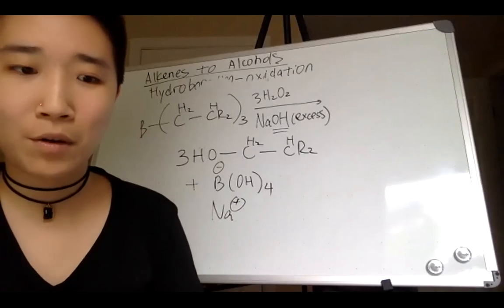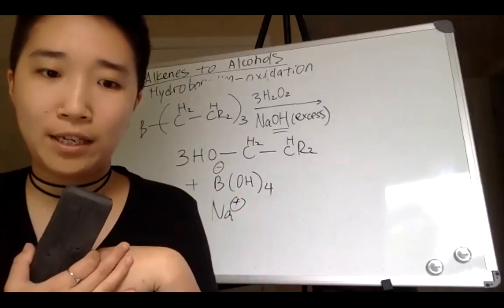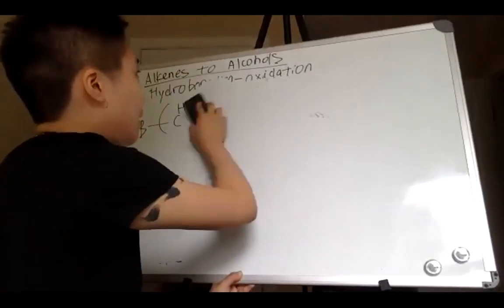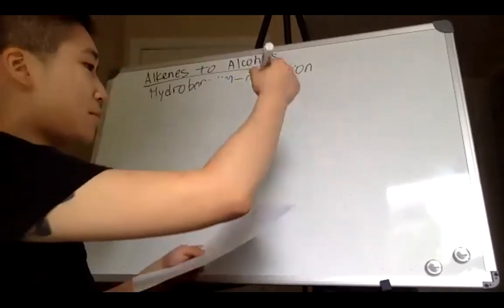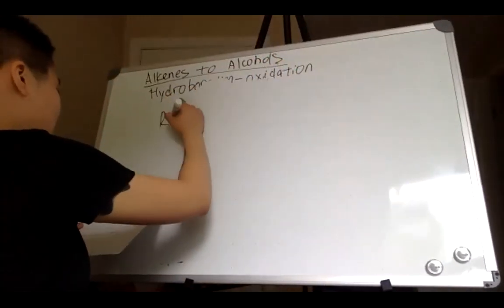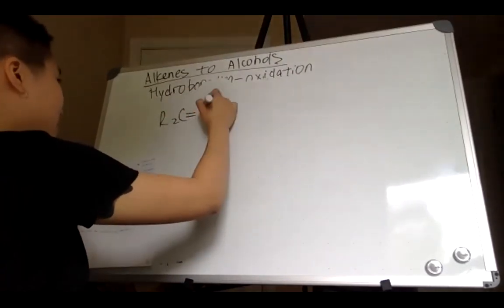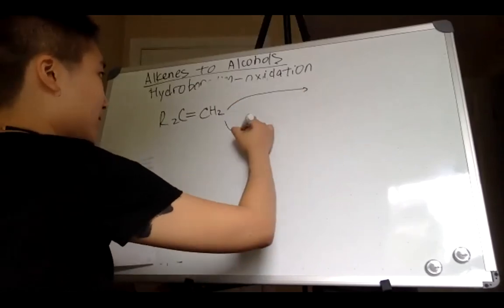Anyway, let me just give you guys a very quick overview of these two reactions. So we learned two ways of generating alcohols from alkenes. I'm going to draw R2C=CH2.